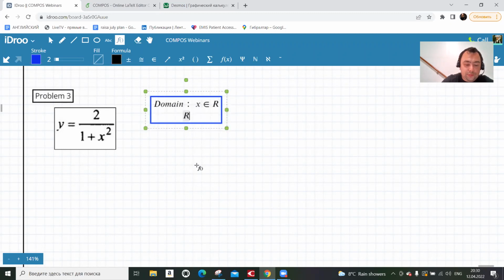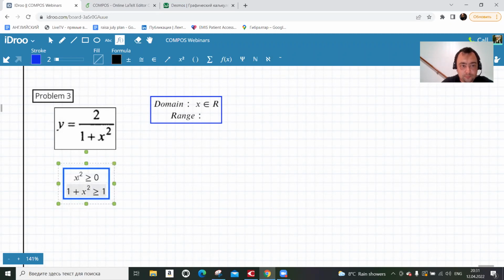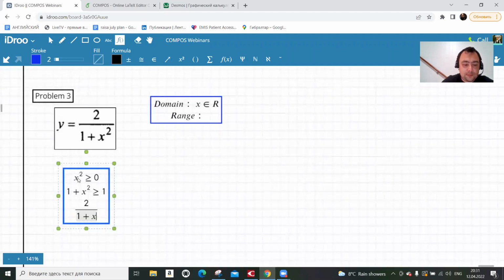Now with the range, that's quite interesting. So to find the range, well, x squared is greater or equal to 0. That means 1 plus x squared is greater or equal to 1. So 2 divided by 1 plus x squared is, on one hand, going to be less than or equal to 2.